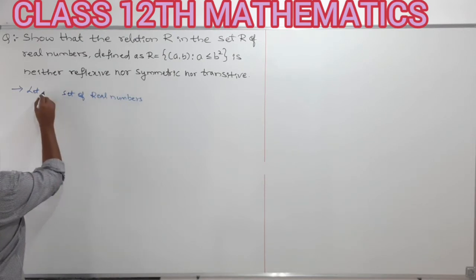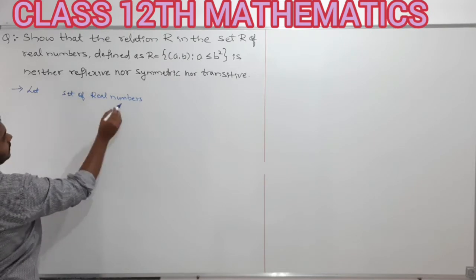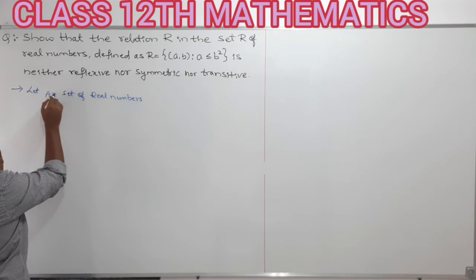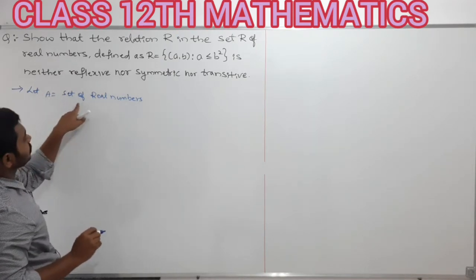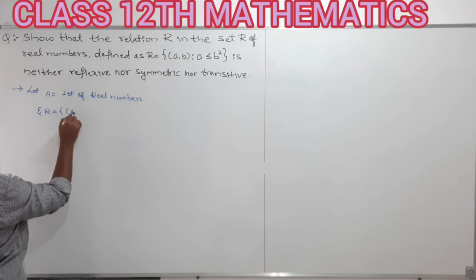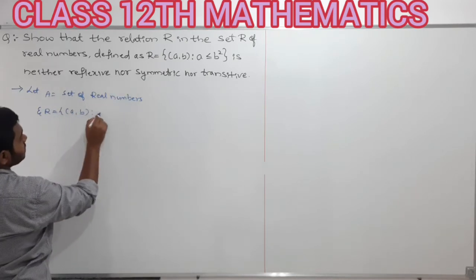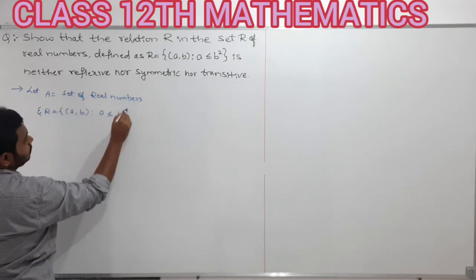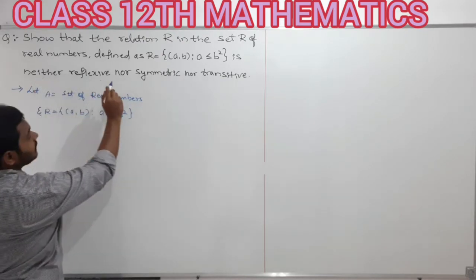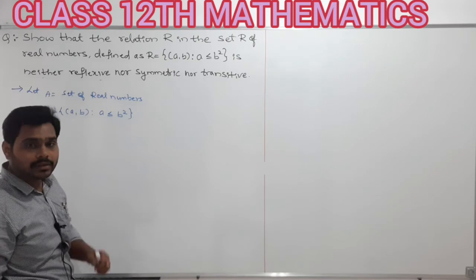You can take this as A. Let A be the set of real numbers, and the relation R is given as a comma b such that a is less than or equal to b square. We should show that it is neither reflexive, nor symmetric, nor transitive.